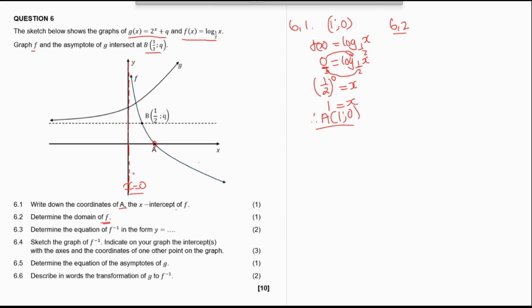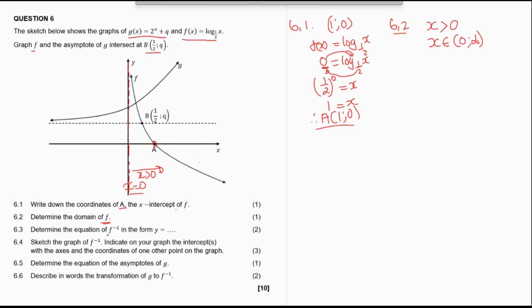The graph starts here and goes to the right, but will never start at 0. So 0 is not included. So x is greater than 0. Or you can write it like this: x is an element of (0, infinity), using a round bracket there.